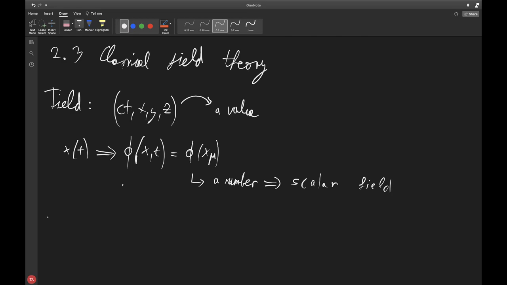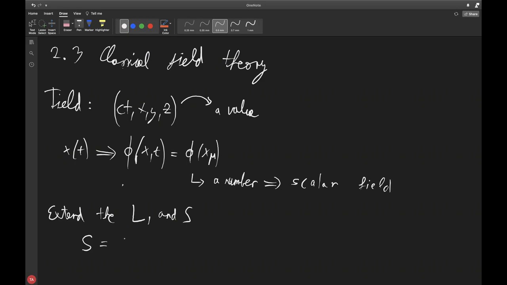So next thing that we should do is extend the definition of the Lagrangian. The reminder is that we had the Lagrangian and the action.